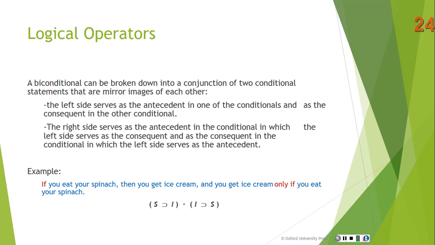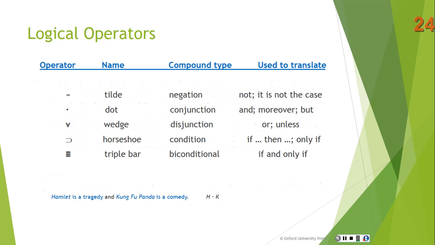The right side, so if we have S biconditional I, the right side I serves as the antecedent in the conditional in which the left side serves as the consequent, and as the consequent in the conditional in which the left side serves as the antecedent. That's confusing, I know, but think about it. Listen to this portion of the lecture a couple of times, and I think you'll get it.